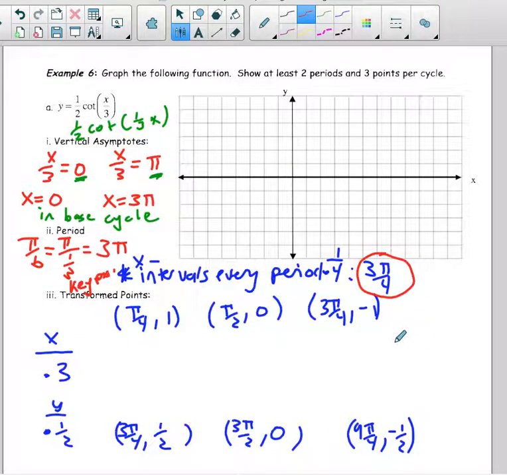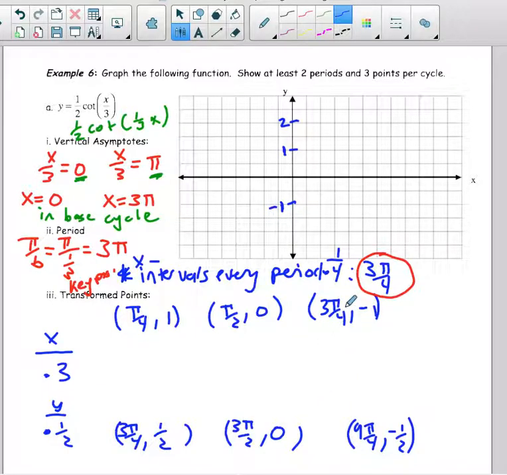Okay, so to go ahead and sketch this, let's set up our scale for both the x and the y axes. I'm going to let 2 squares be 1 unit on the y, so that'll be 1, 2, and we'll do -1. And on the x-axis, I want my key point intervals to be every 3 pi over 4.